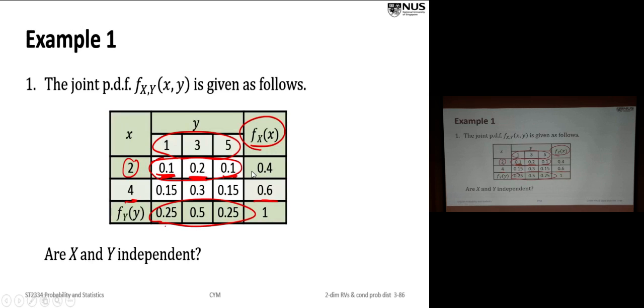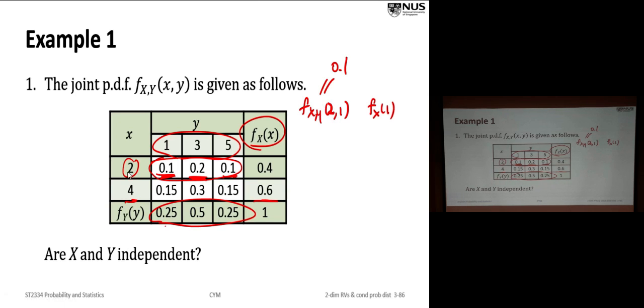We are asked whether x and y are independent. Following the definition, we have to check f of xy. For example, f of xy at 2 and 1, according to what we are given, is 0.1. Then what is f of x at 2?